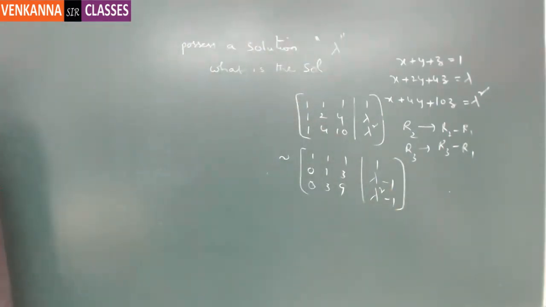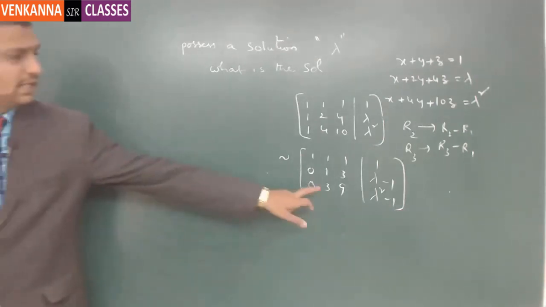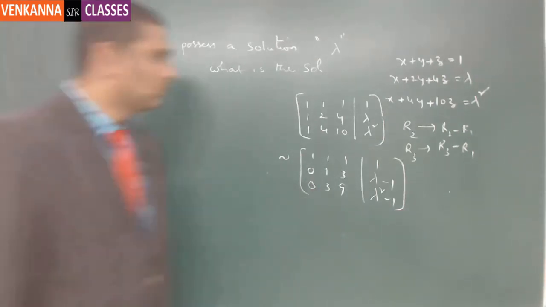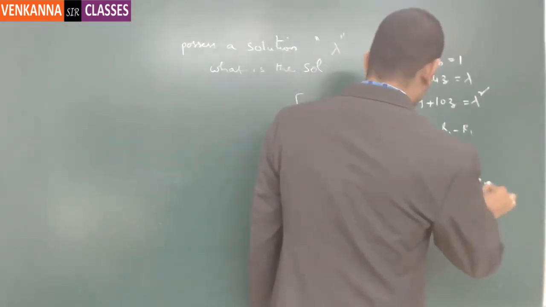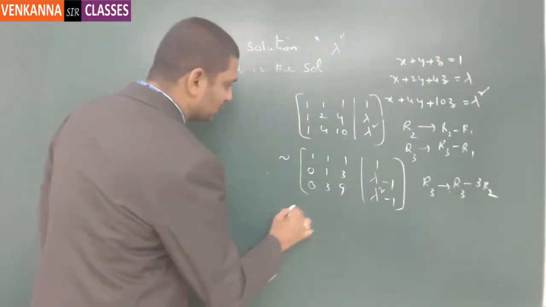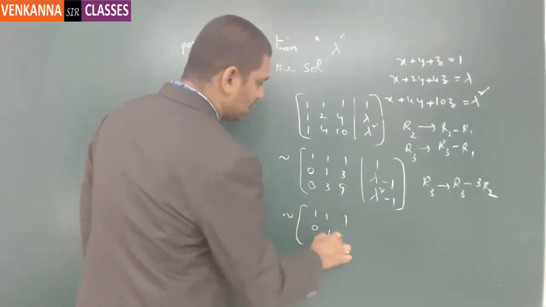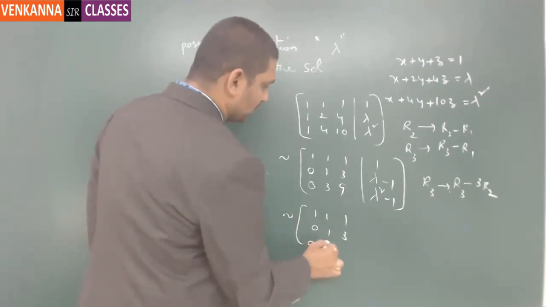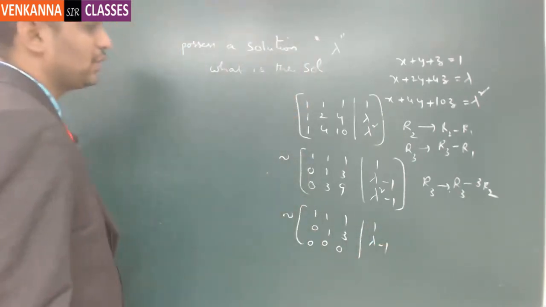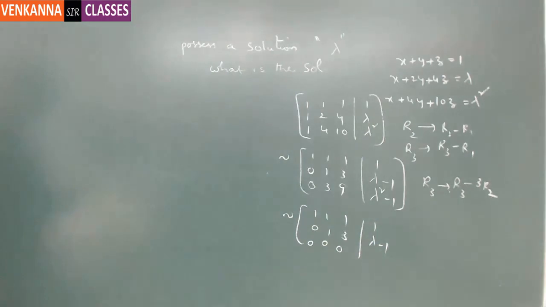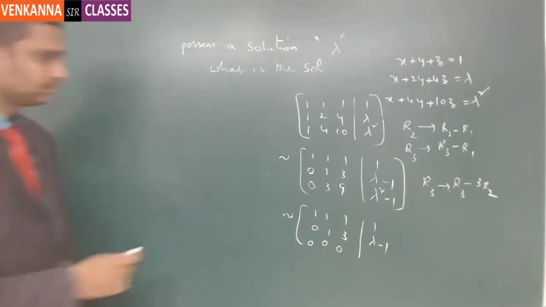Again, in order to get the echelon form, we should make this value 0. So we will apply the operation R3 tends to R3 minus 3 R2. So it is equivalent to 1, 1, 1, 0, 1, 3, 0, 0, 0, augmented with 1, lambda minus 1. And here, R3 minus 3 R2 gives the value lambda square minus 3 lambda plus 2.